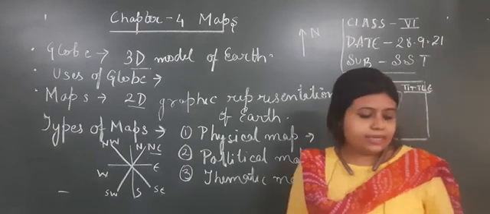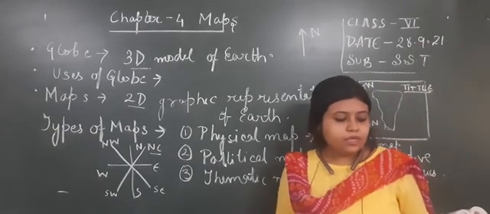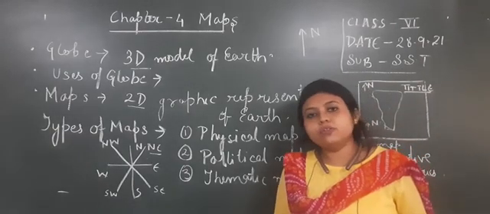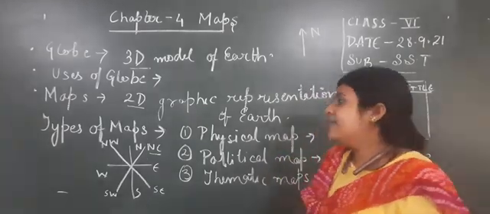It can be located in the upper right hand corner of the map, pointing to the north direction. Next is the legend, or key.